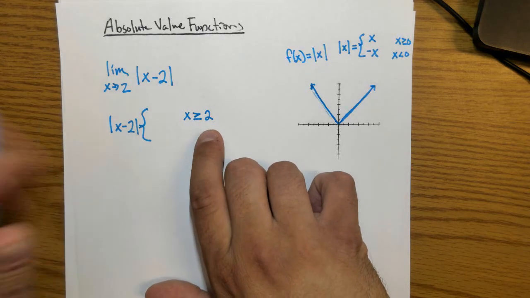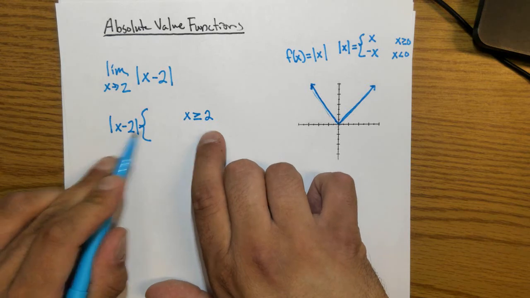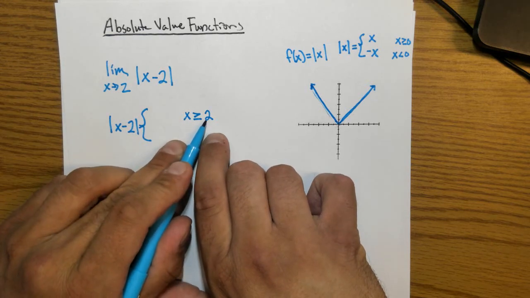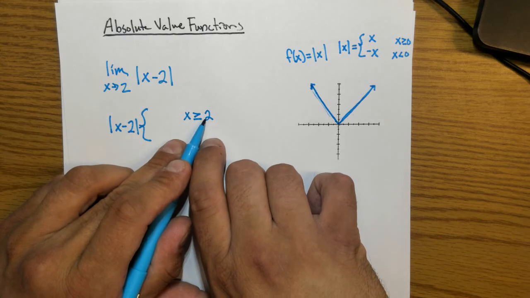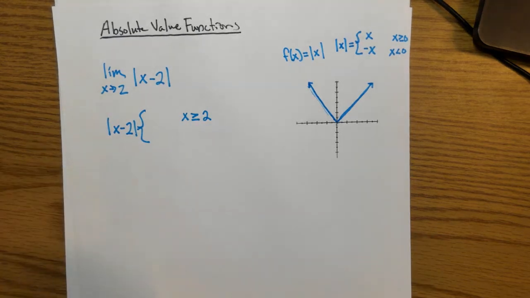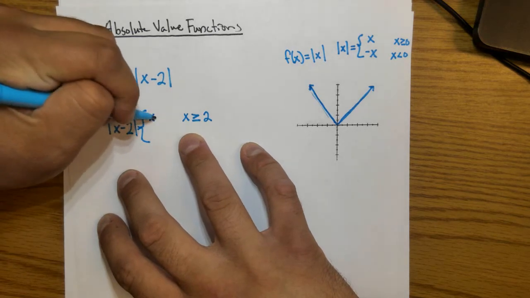So we kind of have to shift it over a little bit. If you ever see x minus something, that something is the value where they meet. So when x is greater than or equal to 2, our function is just going to be x minus 2.